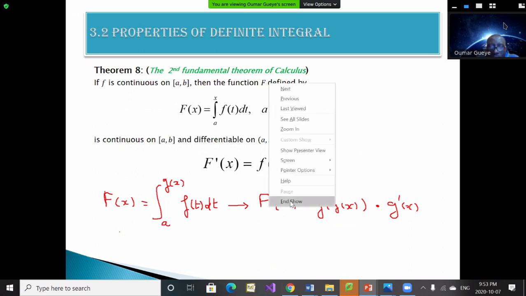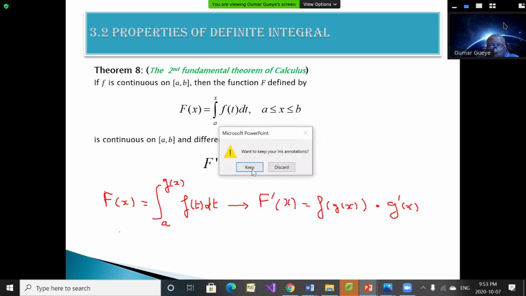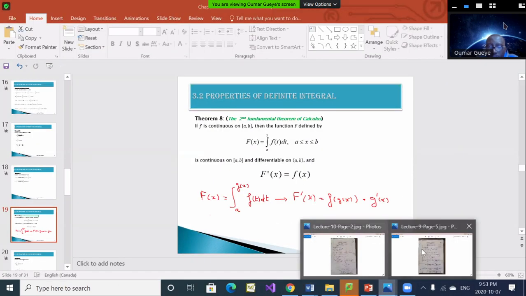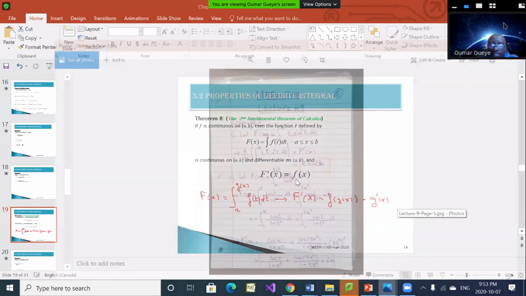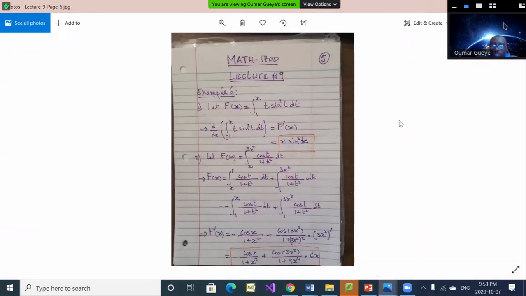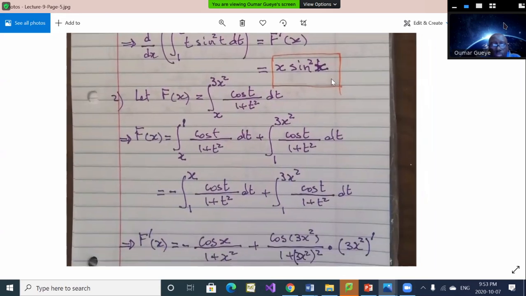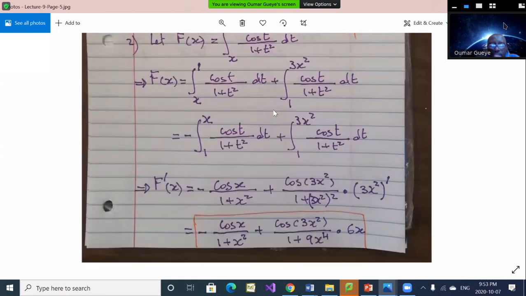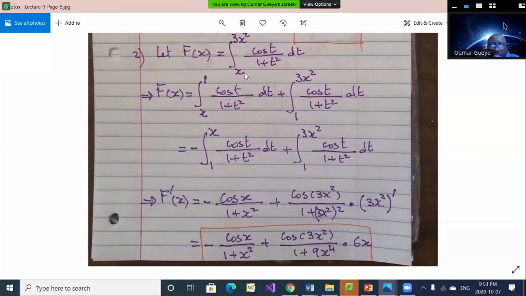So back to here. In this example, you have to integrate from x to 3x squared. And I said, based on what the theorem says, the bottom should be a constant.